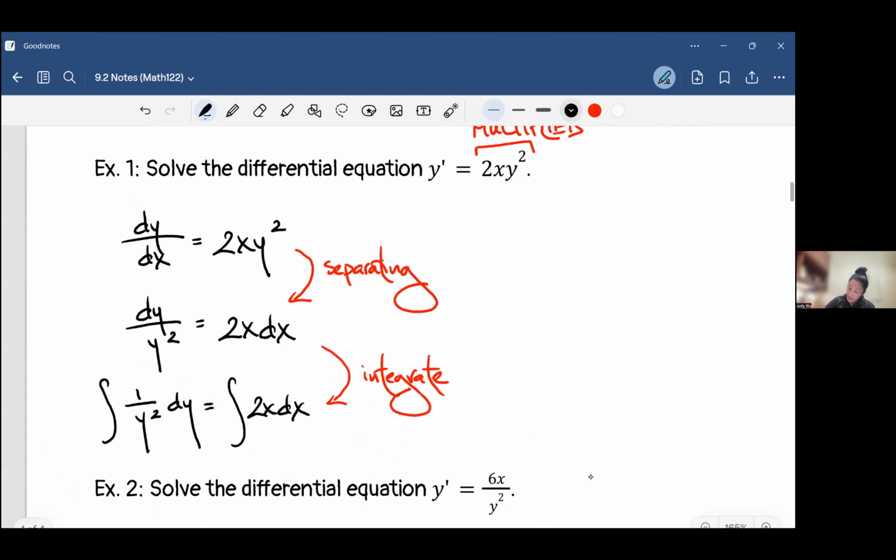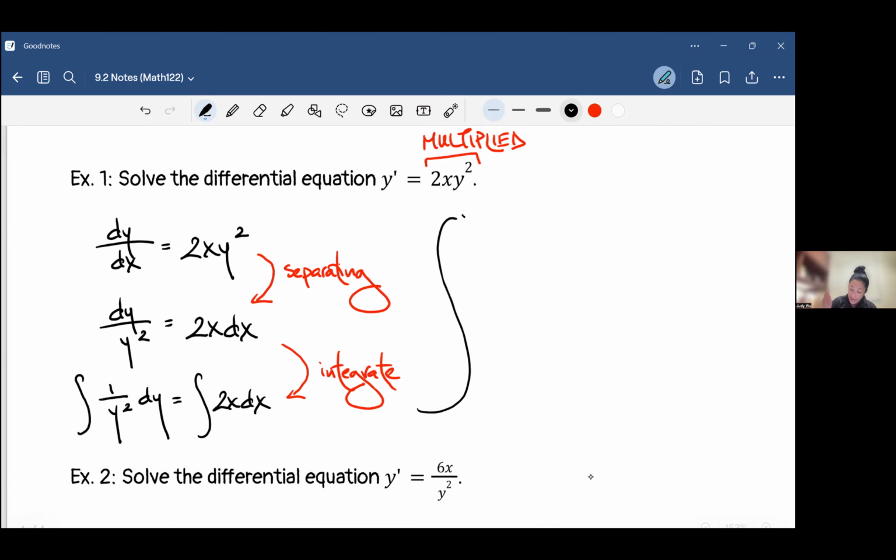Now, once I am done with this, I just have to actually integrate, okay? I'm going to write this as the integral of y to the negative 2 dy. And we know that on the right-hand side, the integral of 2x is just x squared plus c, okay?